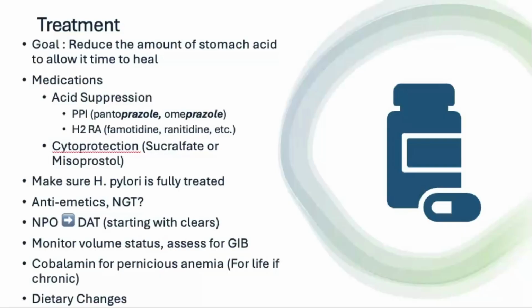And again, that can lead to iron deficiency anemia, pernicious anemia, and also increase the risk of gastric cancer. So the more that area is exposed, then those cells start to change, right?